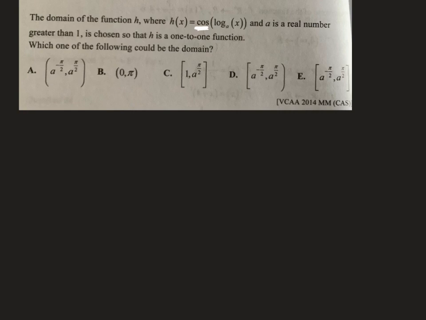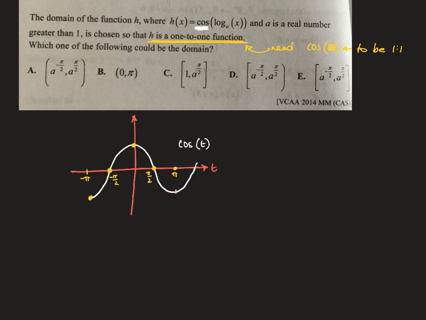And if we want our function to be a one-to-one function, then we need the cos section, cos of whatever we're finding that goes in there, to be 1 to 1. So let's have a look at our cos graph. So here's a cos graph, and I've used a variable of t so that we don't get confused with a and x from our composite function.